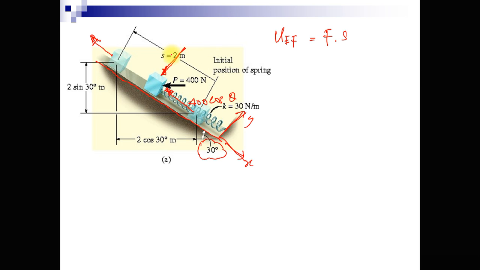So the force is 400 cos theta, and the distance is 2 meters, so it is times 2, and then we get the answer.